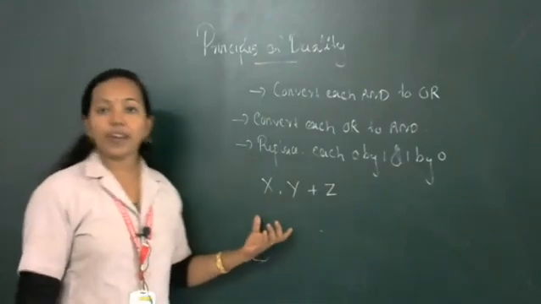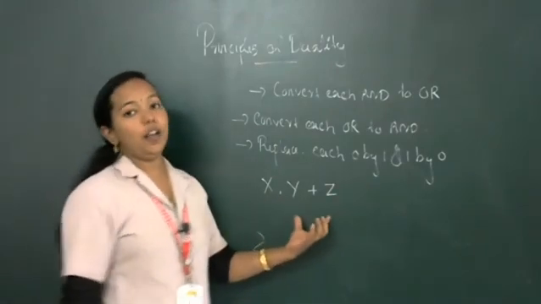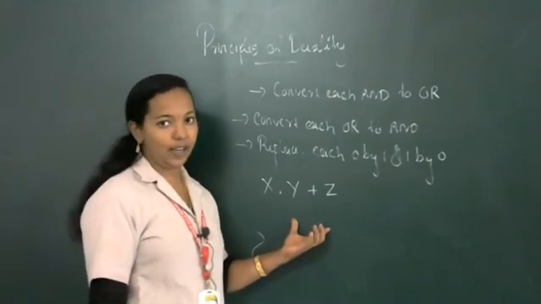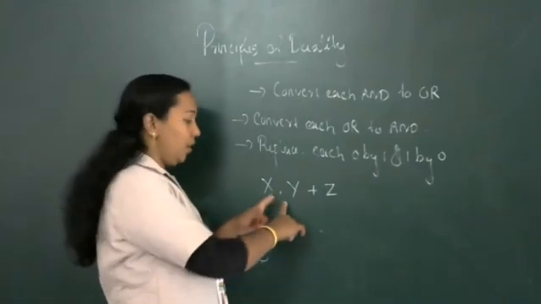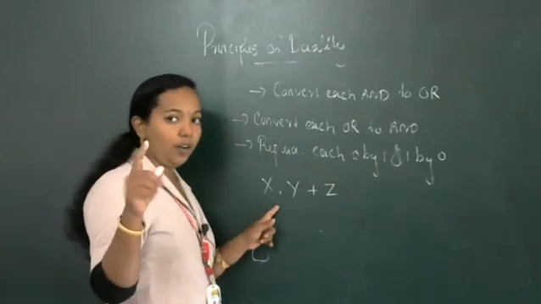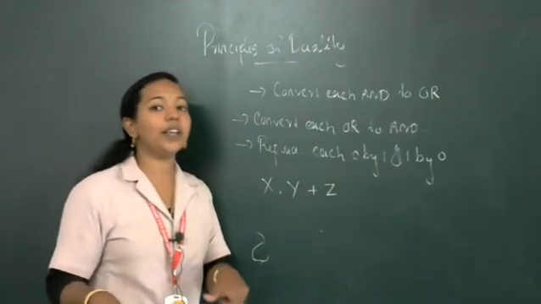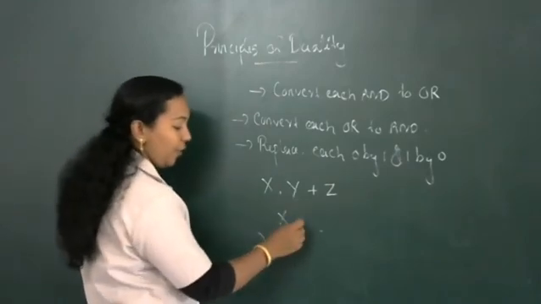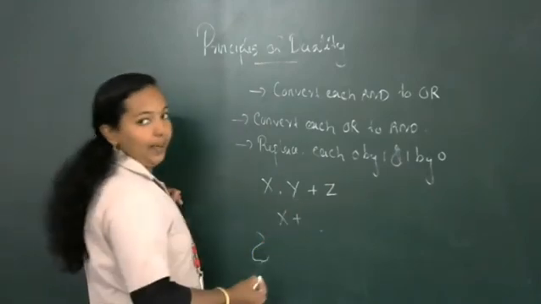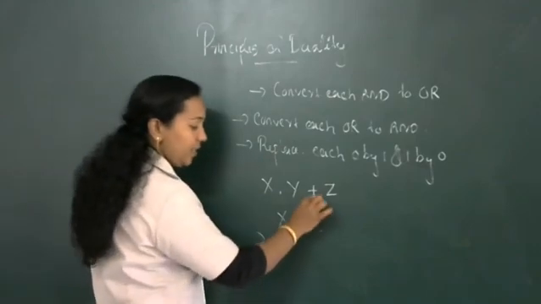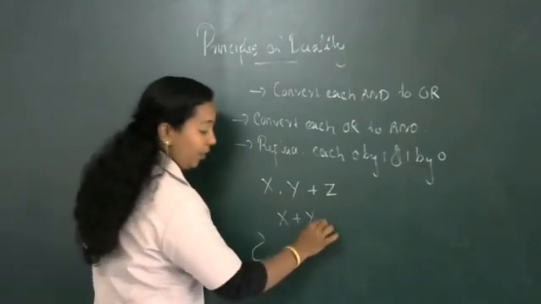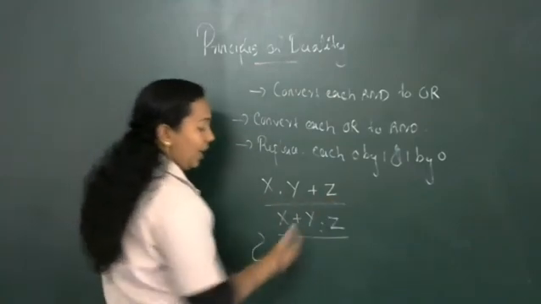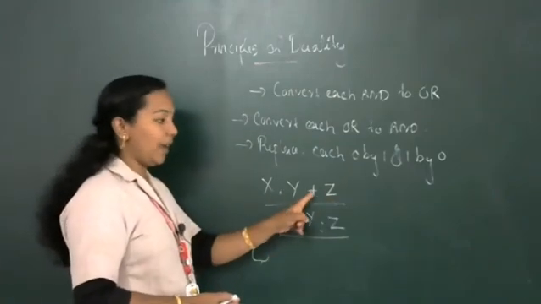This is a Boolean expression, and you want to find its dual. So what you want to do is replace dot with plus and plus with dot. So the dual is x, instead of dot, plus, y, instead of plus, dot z.